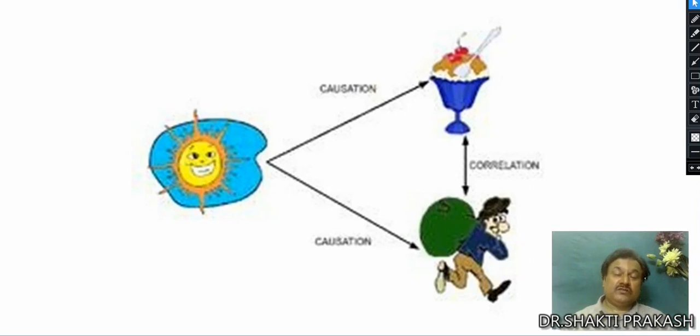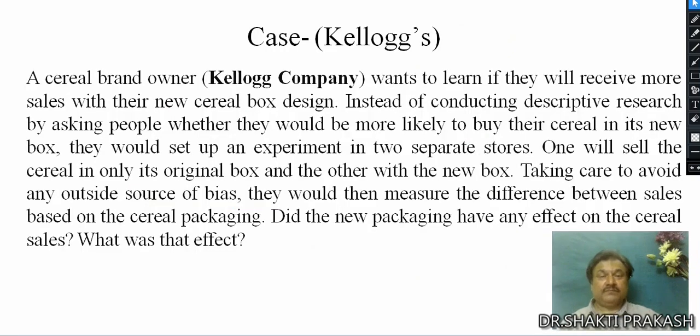So this is also an example of cause and effect. It means the hotness, the warm weather, creates the requirement for ice cream, and that is correlated with ice cream purchased by the customers. This is cause and effect.